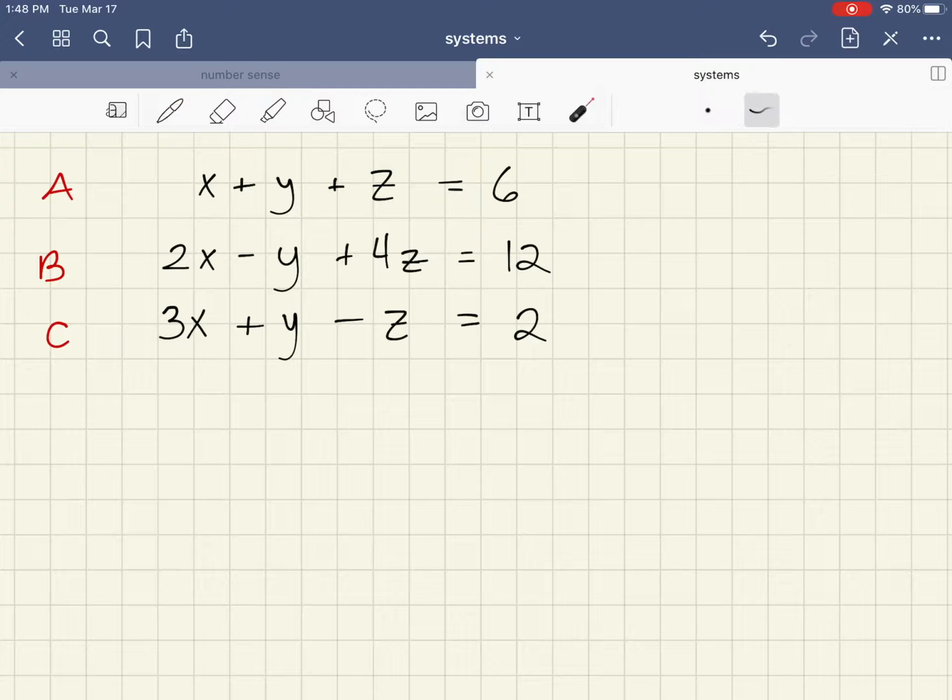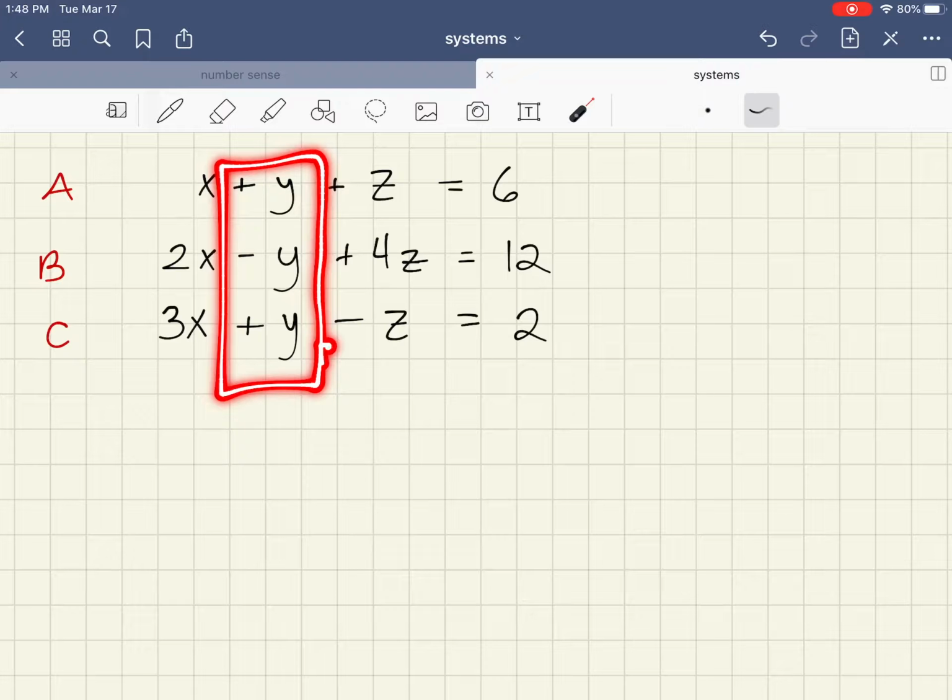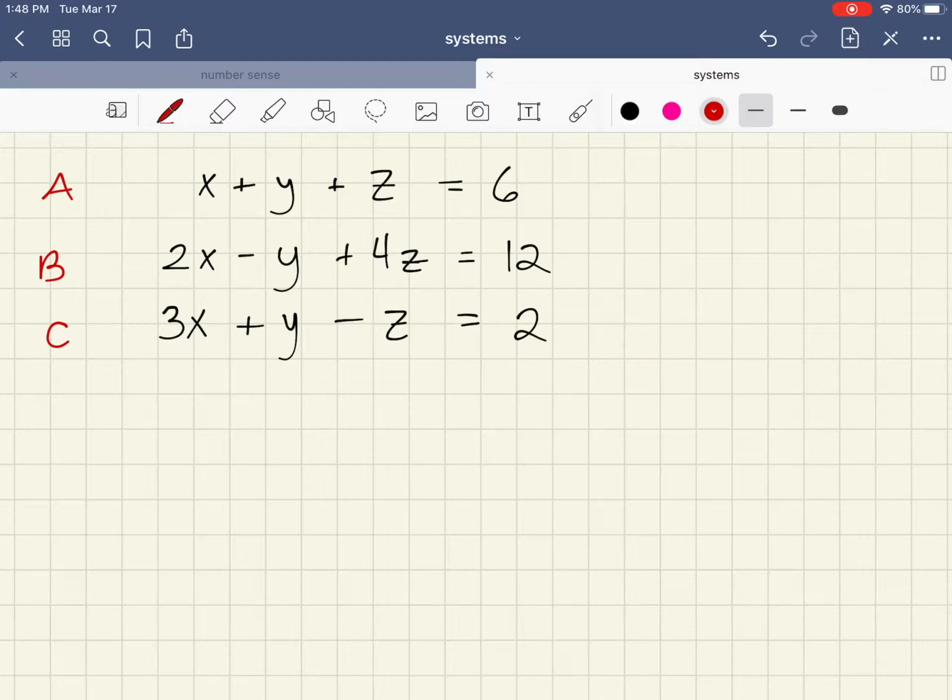And right off the bat, what we're trying to do is use these 3 equations and elimination to come up with a 2-equation system with 2 variables. I look at these y values, and all of the coefficients will match up really well by just addition or subtraction.